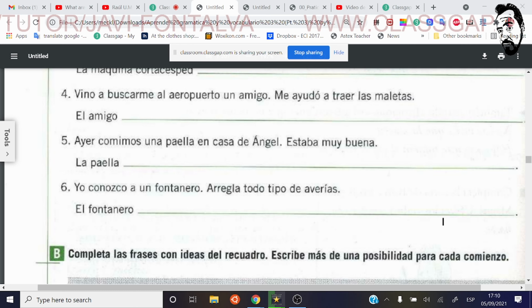So most of the time when I'm asking someone, it's because I don't know if this person or thing exists. So probably I'm going to use subjunctive. So here the question is, do you know someone who dances flamenco? So do you know someone who knows how to dance flamenco? I use subjunctive because I don't know if this person exists. Maybe this person exists, but I don't know. That's why I use subjunctive.